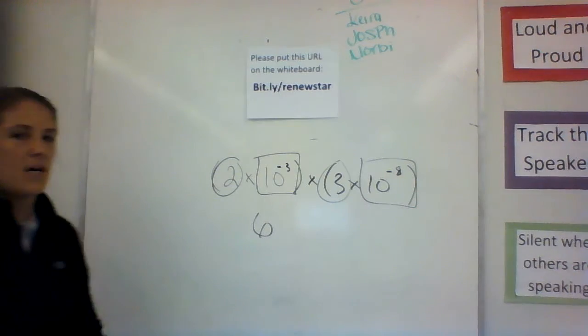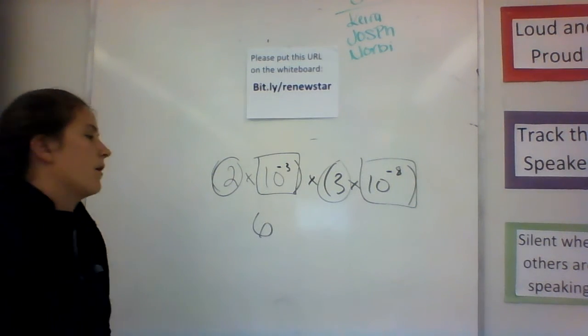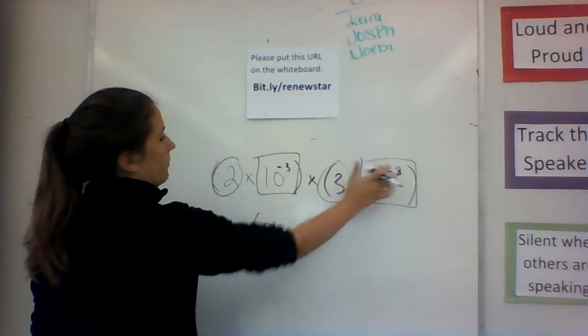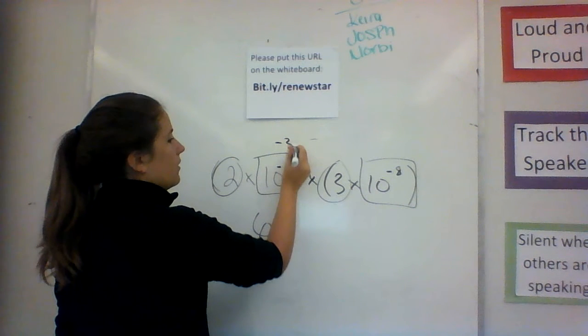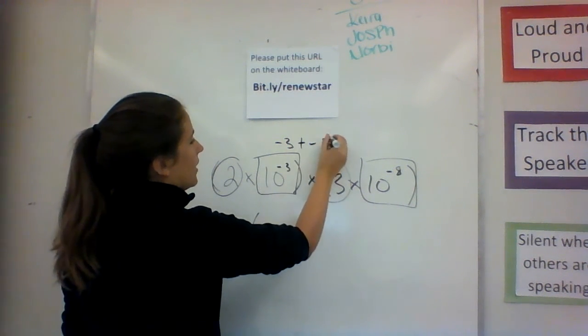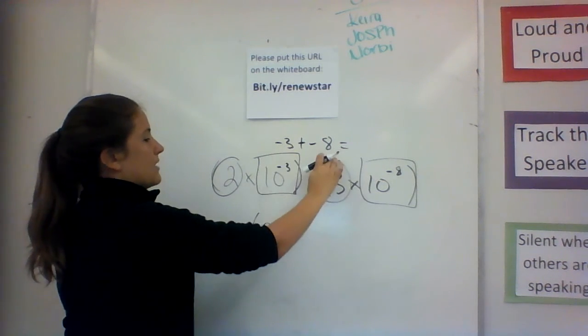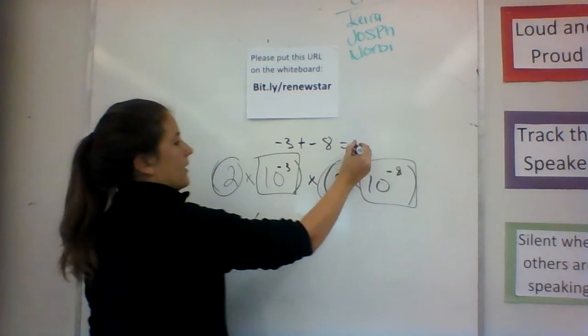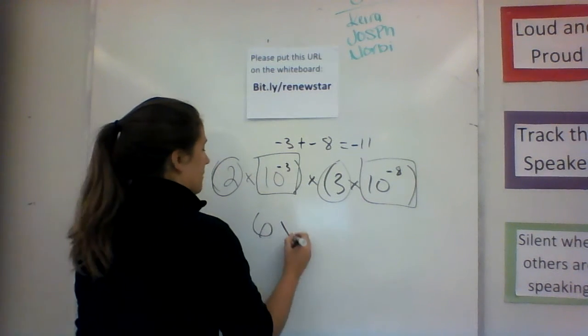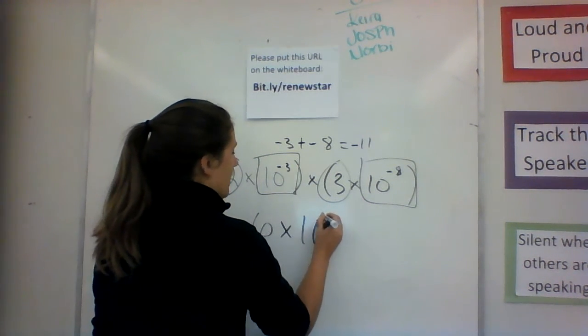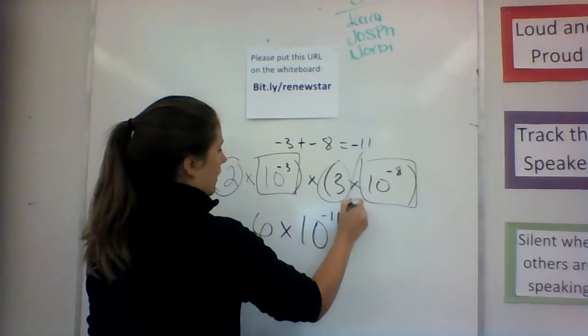I know that when I'm multiplying my exponents and the bases are the same, I can add my exponents. I'm going to write this out. I have negative 3 plus negative 8. 3 bad guys, 8 bad guys. That means there's a total of 11 bad guys. This becomes 6 times 10 to the negative 11th power.